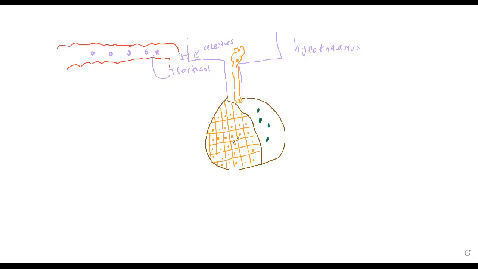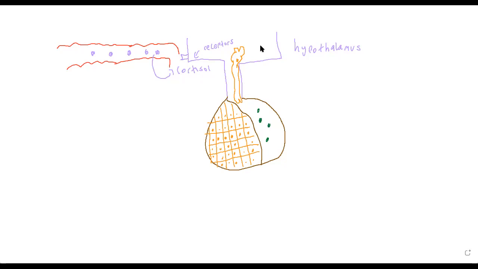So, anyways, the hypothalamus is actually not capable of making certain hormones. So, what happens is that it is going to send a signal to a gland that's actually the size of a pea called the anterior pituitary, also known as the adenohypophysis.